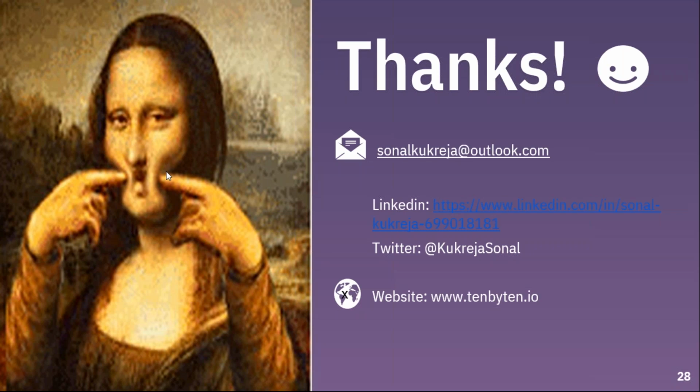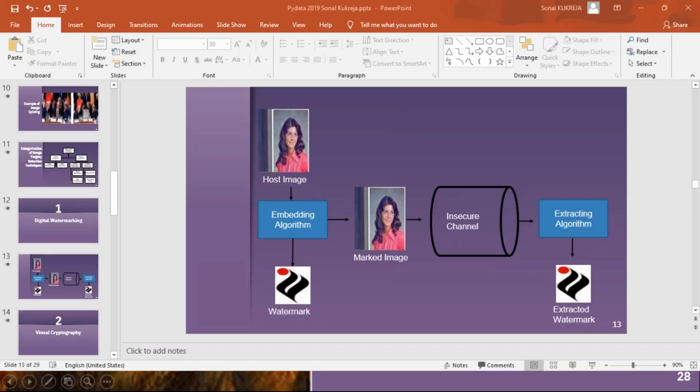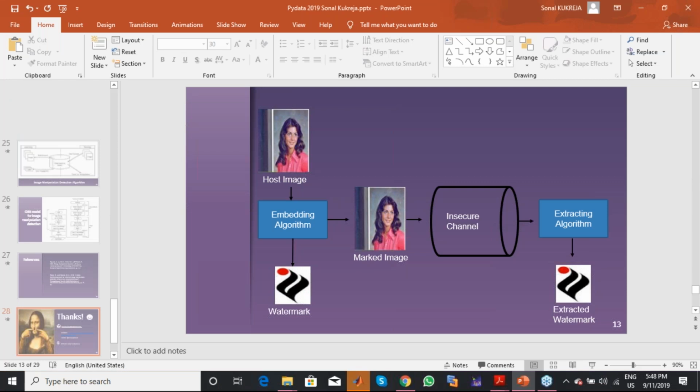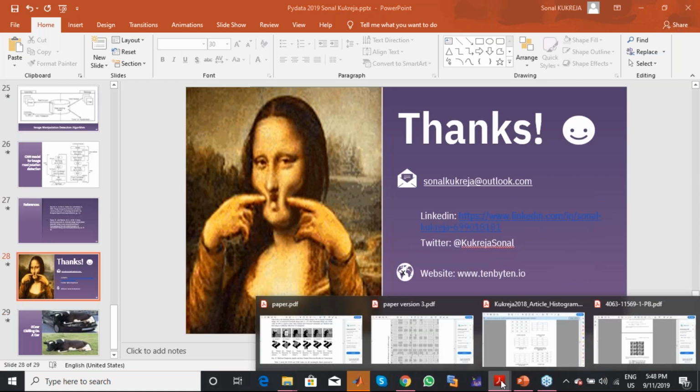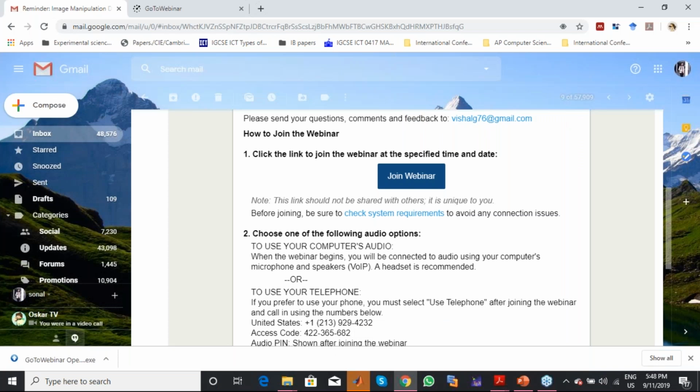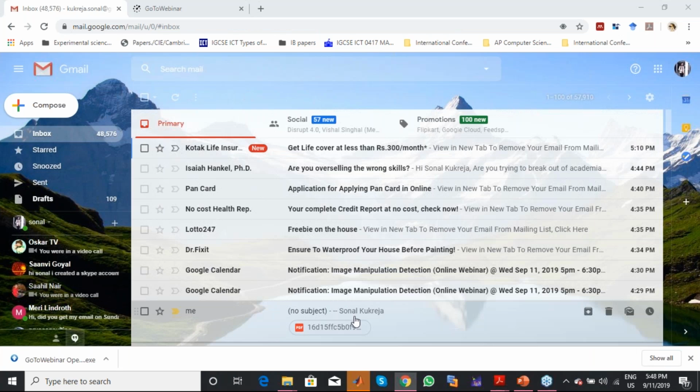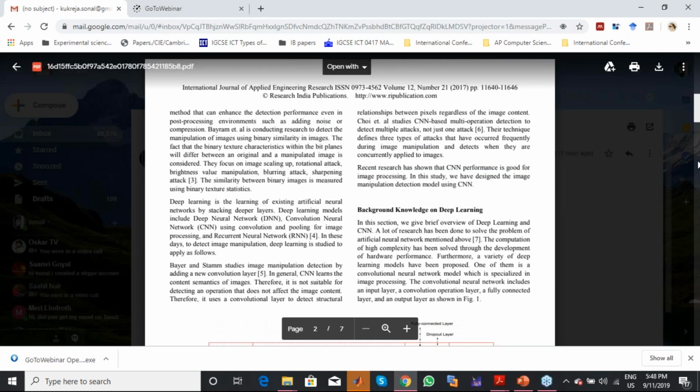Maybe I can show you an example of a high pass filter. Just a second. This is one existing paper on which we are working.